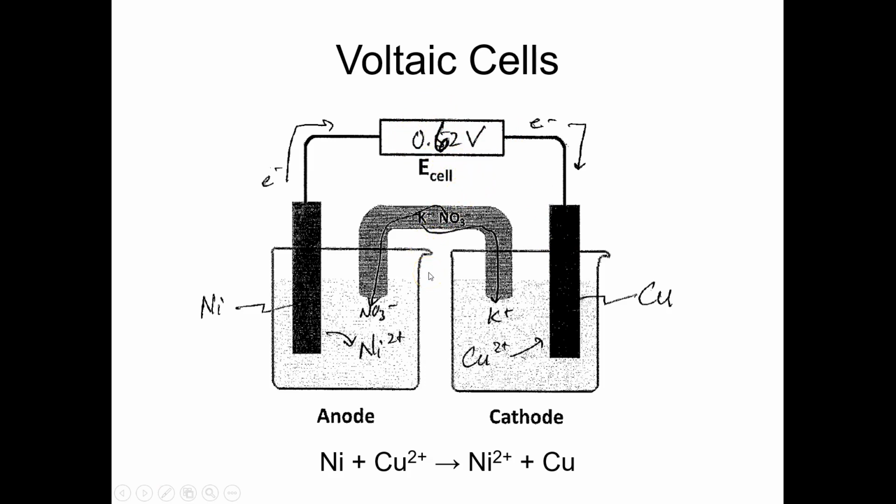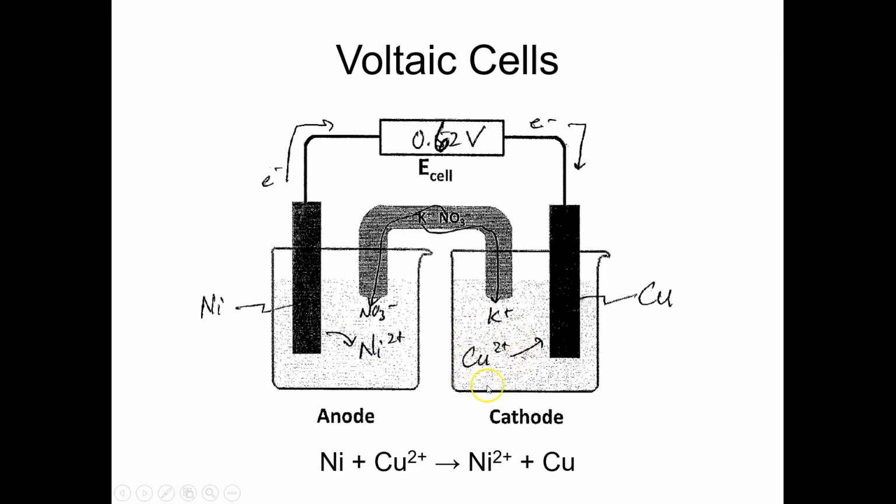Finally, it asked to talk about the movement of ions within the solution as well as from the salt bridge. Well, nickel ions in the solution are going to be moving away from the anode electrode itself because the anode is actually dissolving. Nickel is being oxidized to nickel 2, and those ions are moving away from the anode.